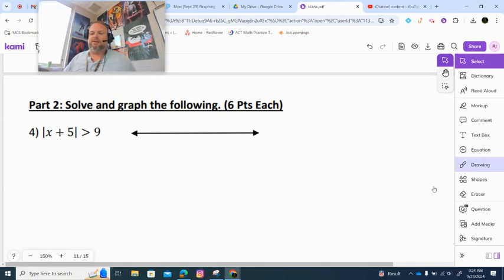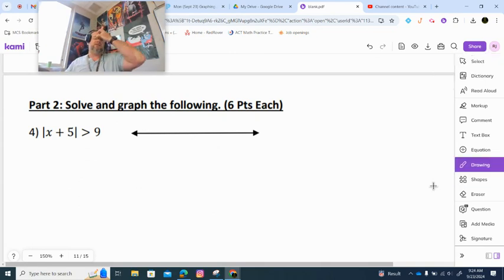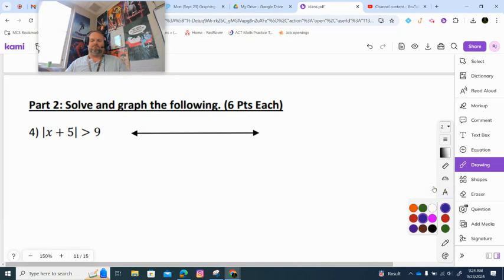part 2. Wow, I wonder why these would be 6 points. Does anybody have an idea? Good, no ideas.